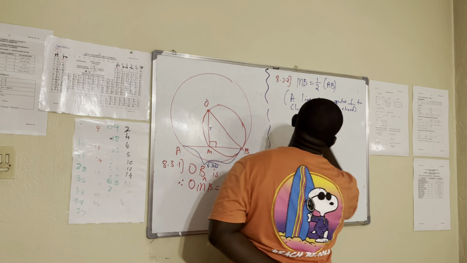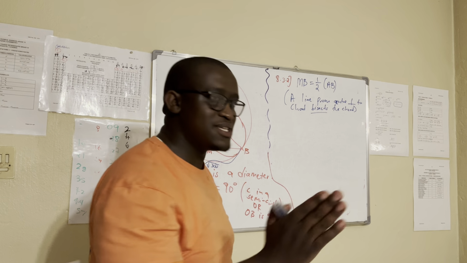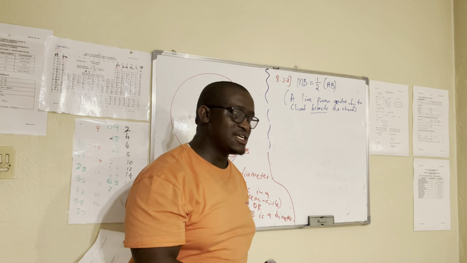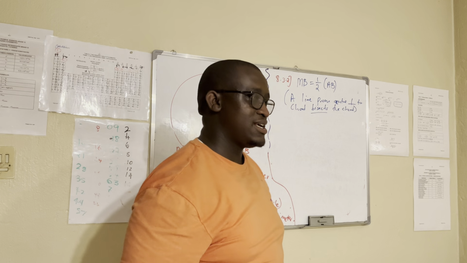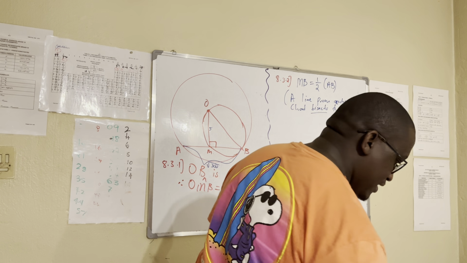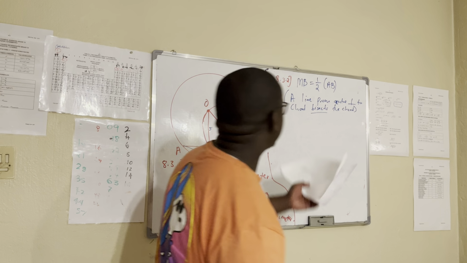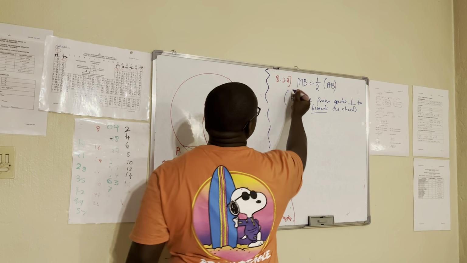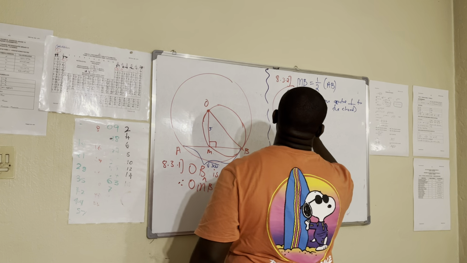The term bisect in mathematics means cut something into equal halves. It could be an angle or a side, to cut into equal halves.